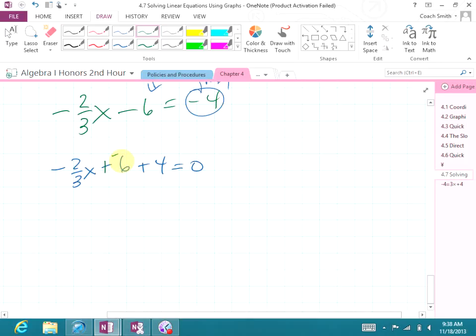So what is negative 6 plus positive 4, Zach? Okay, so that gives me negative 2/3 x plus negative 2 equals 0. Okay, so that in function form would give us y equal negative 2/3 x plus negative 2.